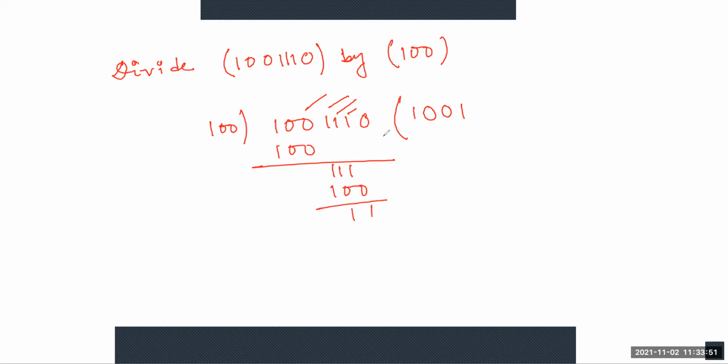So it is 1 and 1. And yeah, this is 1 and 1. And now this is 0. So 1 times it is 100. So this is 10. But we have no bits here. So we are giving a point.